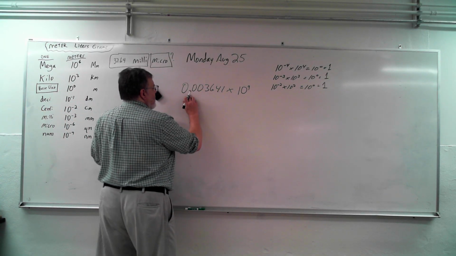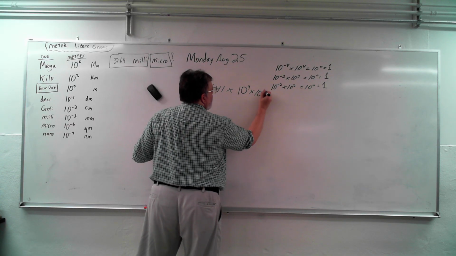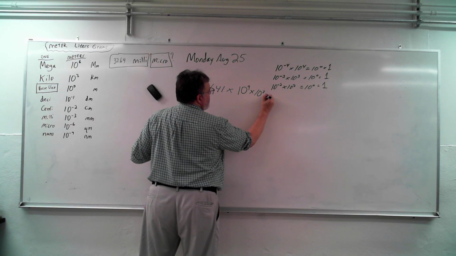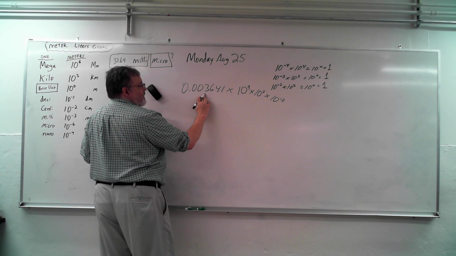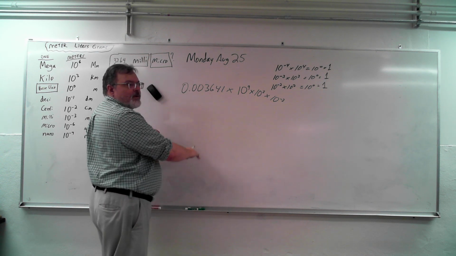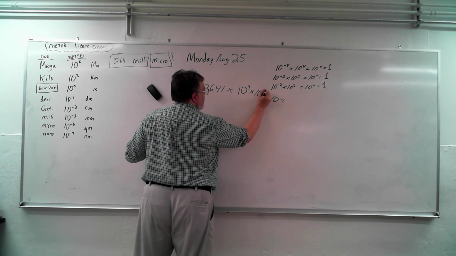So this time, 1, 2, 3, 3 times 10 to the, but I'm going to put the positive 1 first here, negative 1, because it's this one I want to apply here now. You with me? And now I'm going to swap these two 10s. This is 9 and the other one is 3.